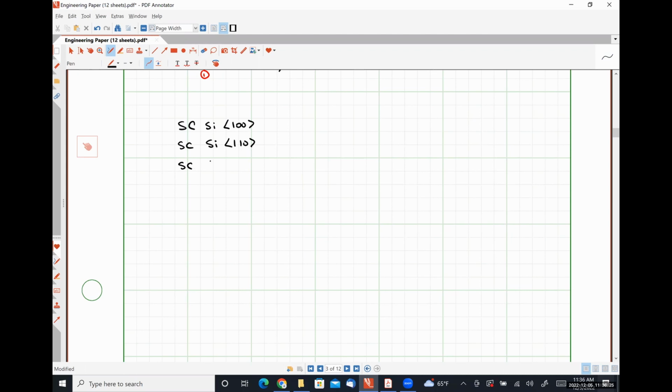Single crystal silicon in the 111 plane, and then down here, polycrystalline silicon.